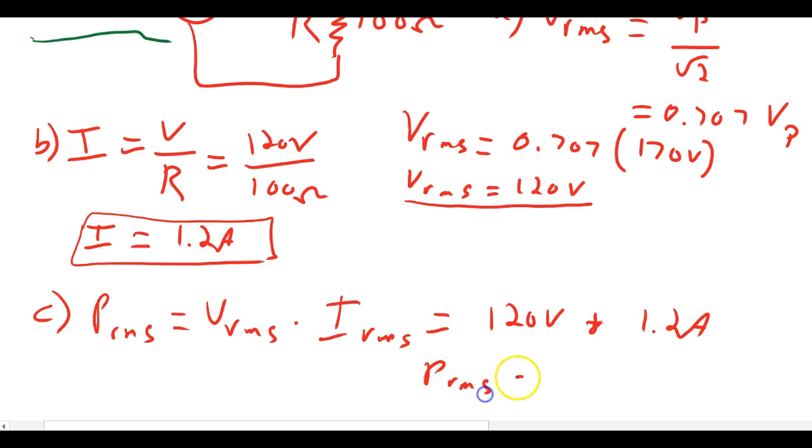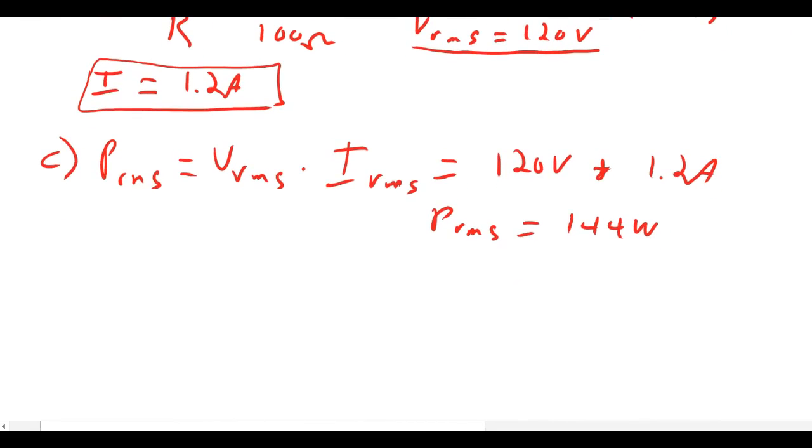P RMS then is 144 watts. Now, the average power in the resistor should be equal to the peak or maximum power divided by 2.